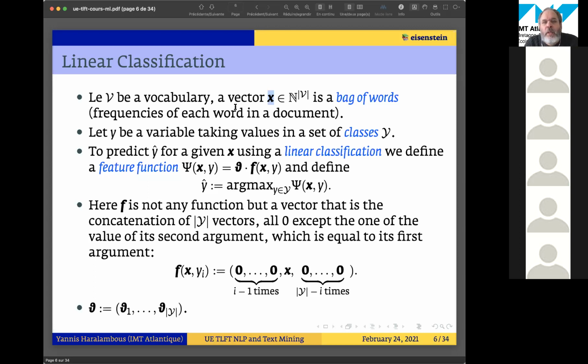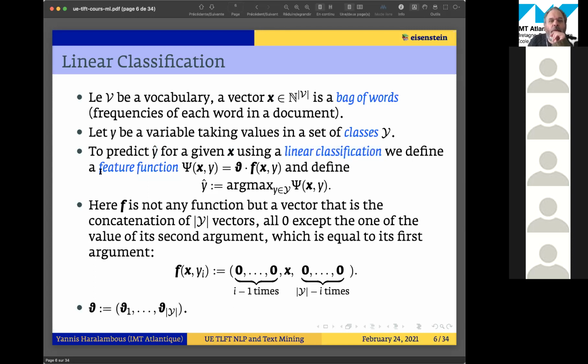And let y be a variable, we don't know what, taking values in a set of classes, Y. We want to predict y, and we will write our prediction as hat y for a given x using a linear classification.